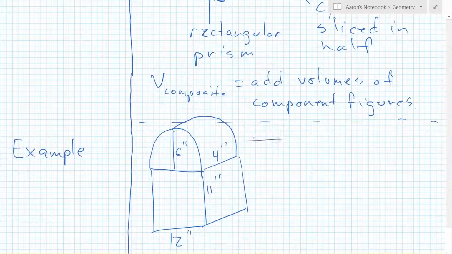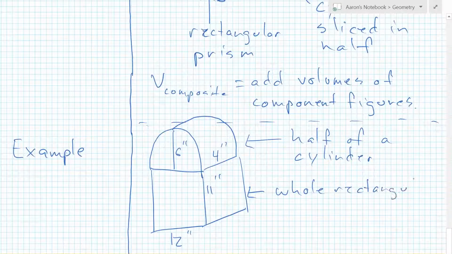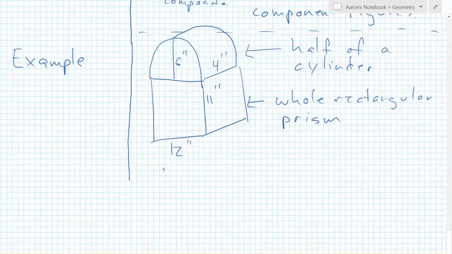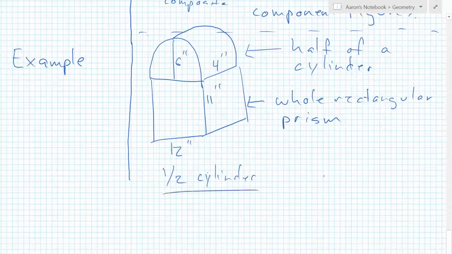Now if we look at this, this is really half of a cylinder, and this is a whole rectangular prism. So what we're going to do, we're going to find the half cylinder and the rectangular prism, and then we're going to add them together.